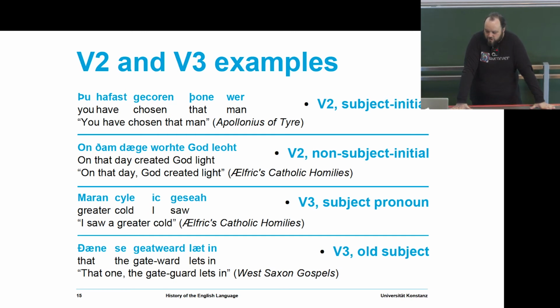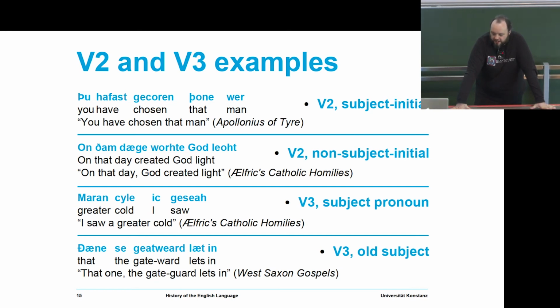So the second example is an example of verb second, because the first constituent is a prepositional phrase. Remember that constituent is not the same as word. A constituent can consist of several words. A constituent is a group of words. And hopefully from your earlier course you'll remember your constituency tests.